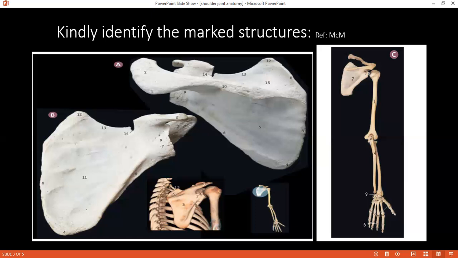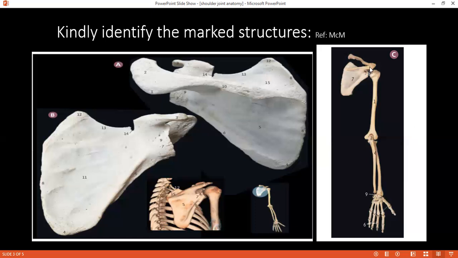And what is the nerve supply of teres minor? Suprascapular nerve. No, axillary. The axillary nerve supplies only two muscles, deltoid and teres minor. You have to remember that.